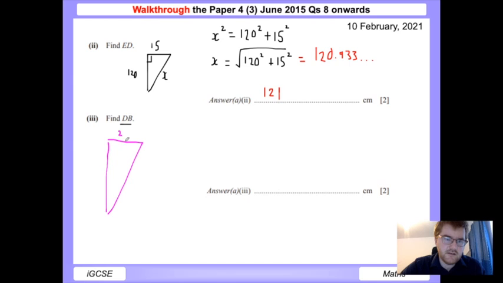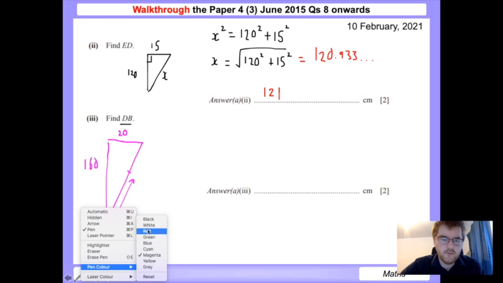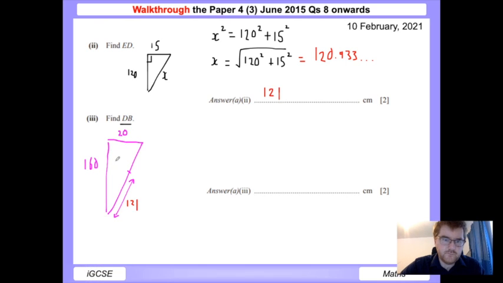So this was 20, this was 160. We've already worked out this part. So this was 121. So we just use Pythagoras for the entire length. So if we call the entire length, say, y, then y is equal to the square root of 160 squared plus 20 squared.